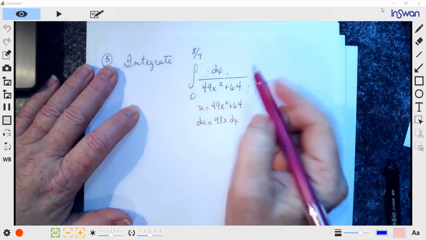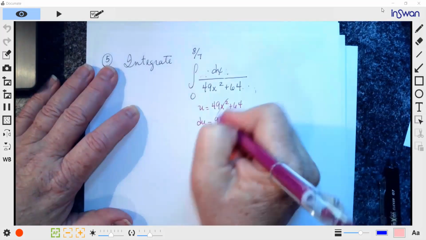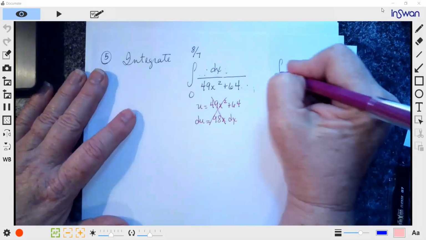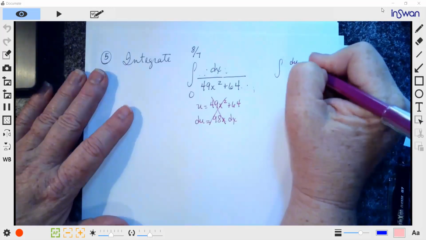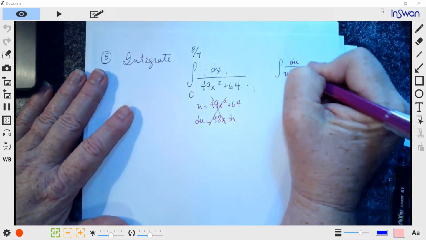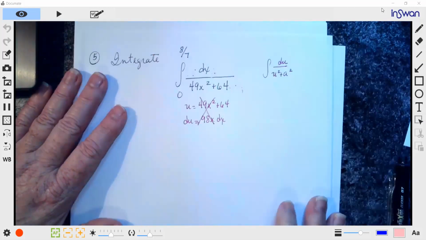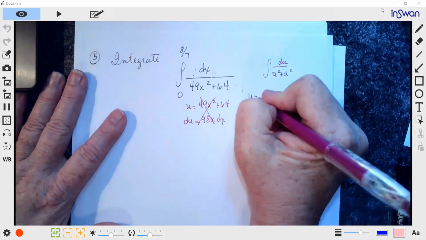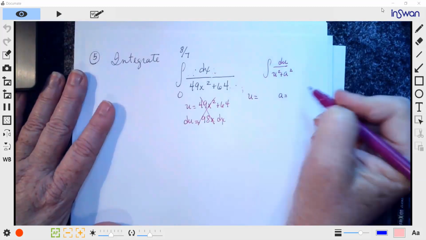Can't you use like arctan? How about that? Exactly. This fits the formula for du over u squared plus a squared. Okay, and that is an arctangent integral. So you have to identify what is u and what is a.